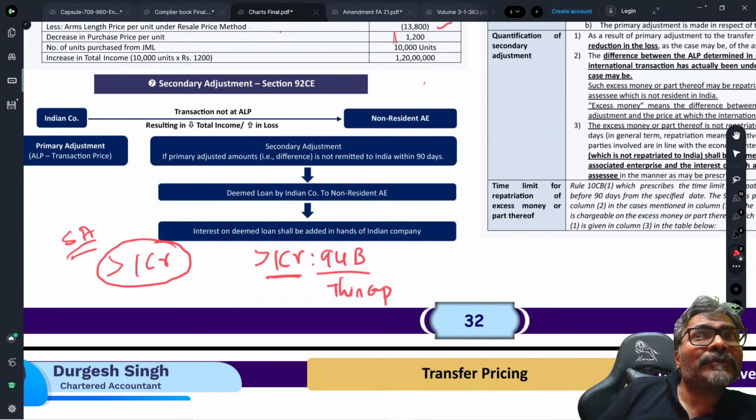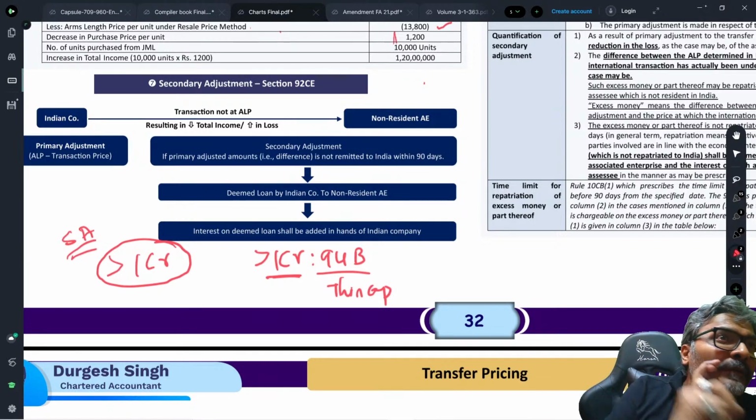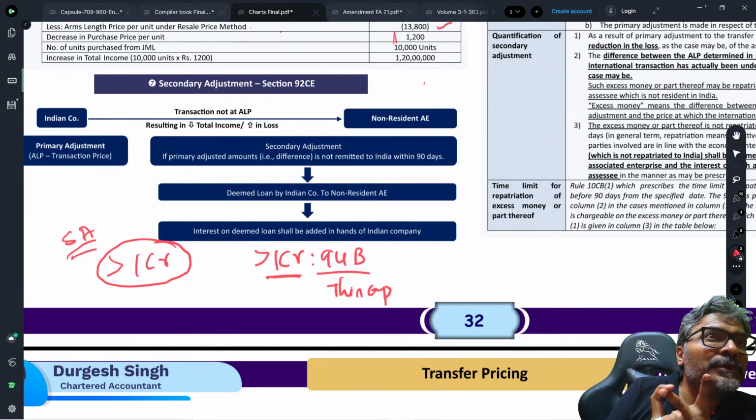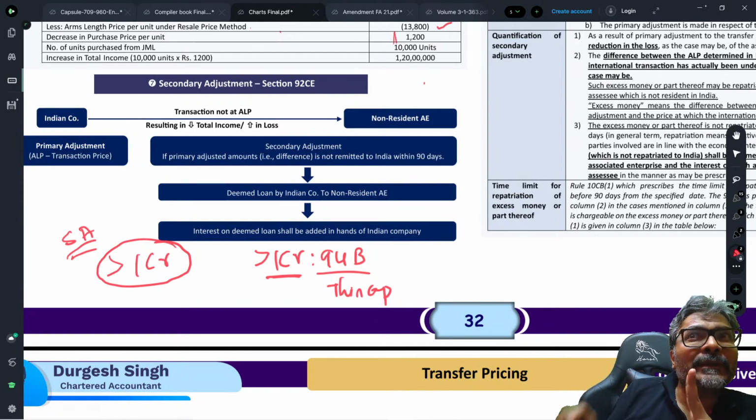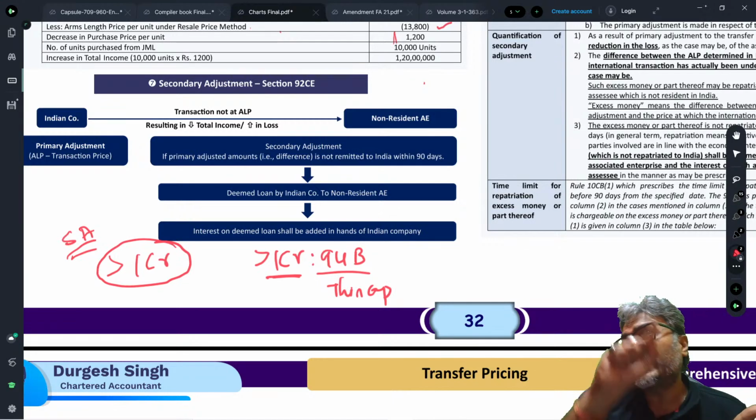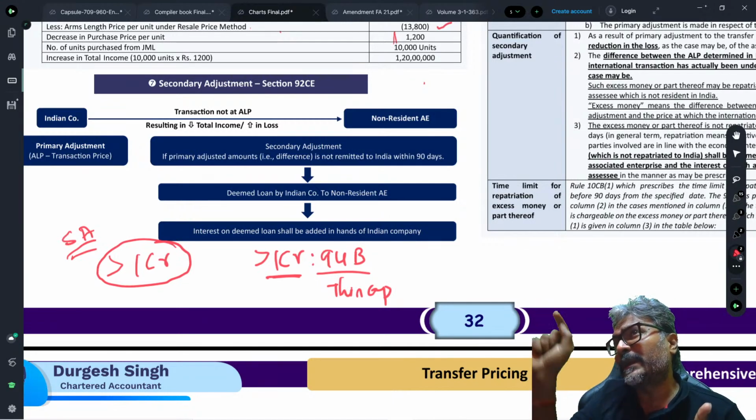The calculation of the notional interest is very critical. First of all, the rate of interest, and from which date the interest calculation shall be made. Two things, students. Again I am repeating, the notional interest will come into the picture when the difference has not been realized within 90 days from the relevant date.